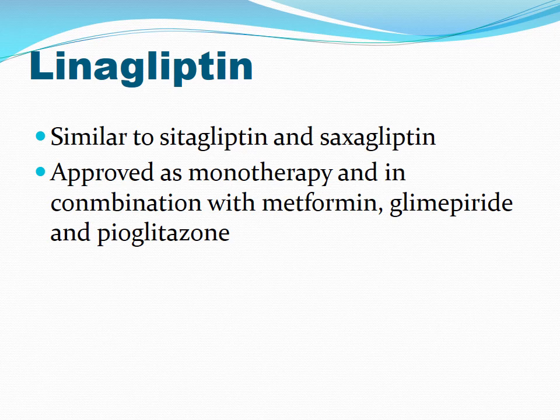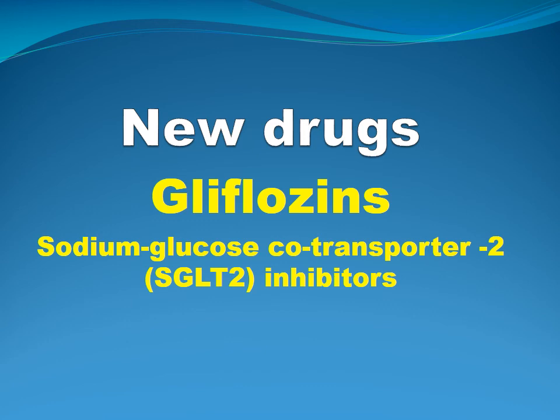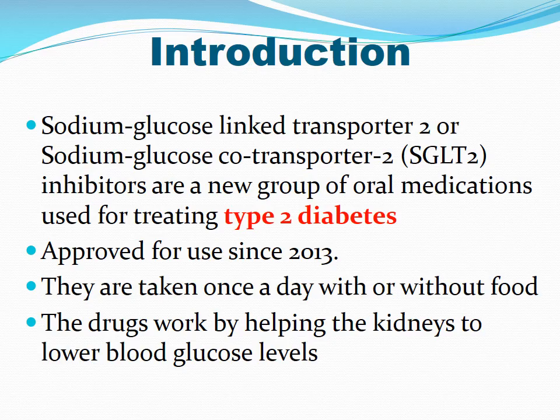Linagliptin, similar to sitagliptin and saxagliptin, is approved as a monotherapy or in combination for treatment of type 2 diabetes. New drugs developed for treatment of type 2 diabetes are known as gliflozins, or sodium glucose co-transporter 2 inhibitors, SGLT2 inhibitors.